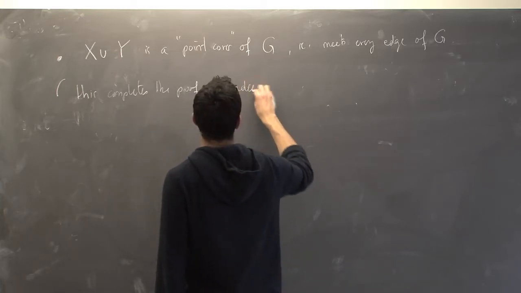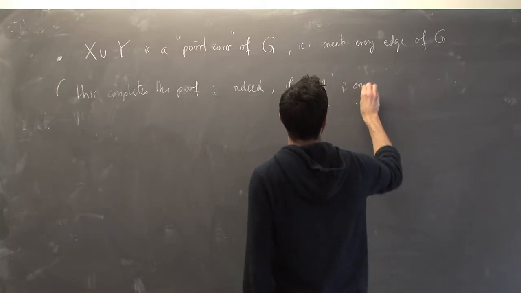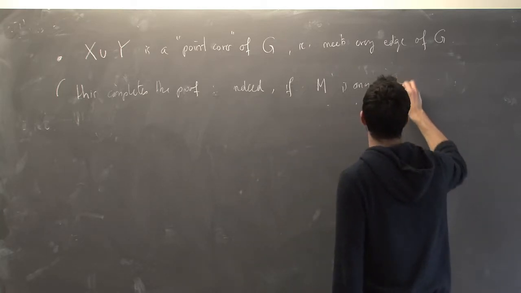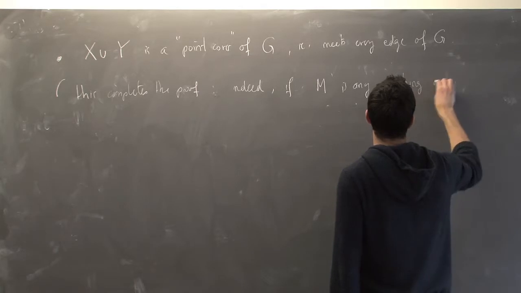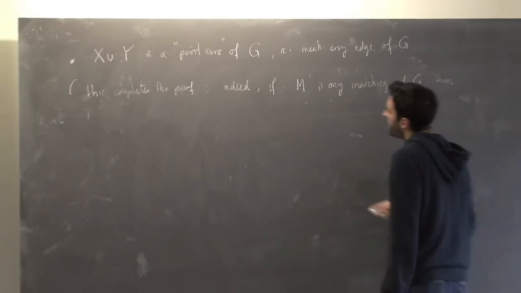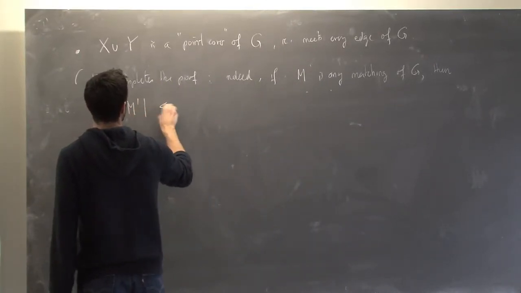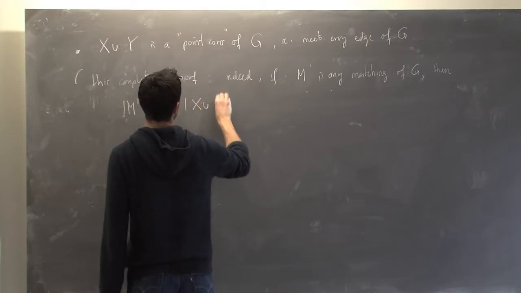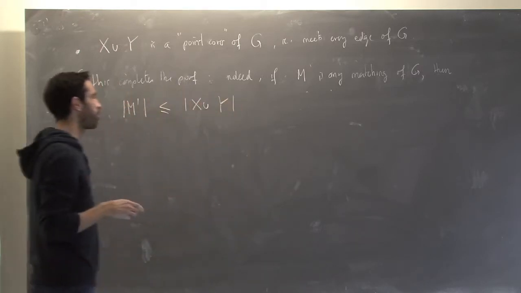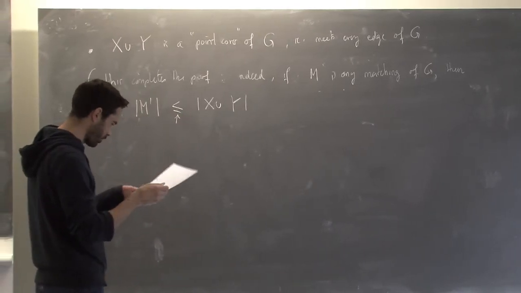Indeed, if M prime is any matching of G, then the number of elements in M prime is less or equal to the number of elements of any point cover. And this is an exercise in the homework sheet.